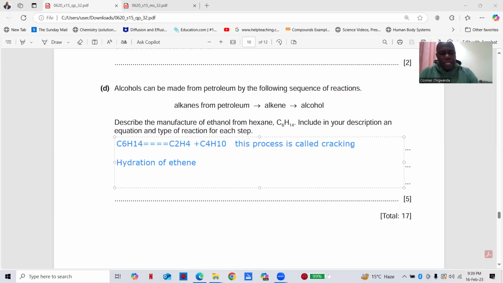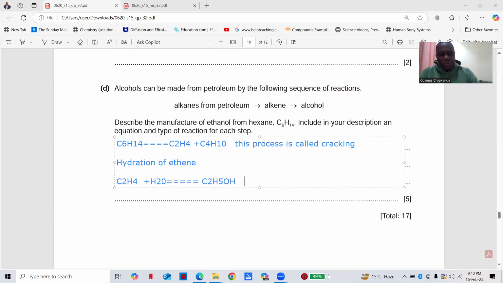We take our ethene, C2H4, and react that with steam. When we do that, we produce C2H5OH. You see, we only produce one product, because this is an addition reaction.